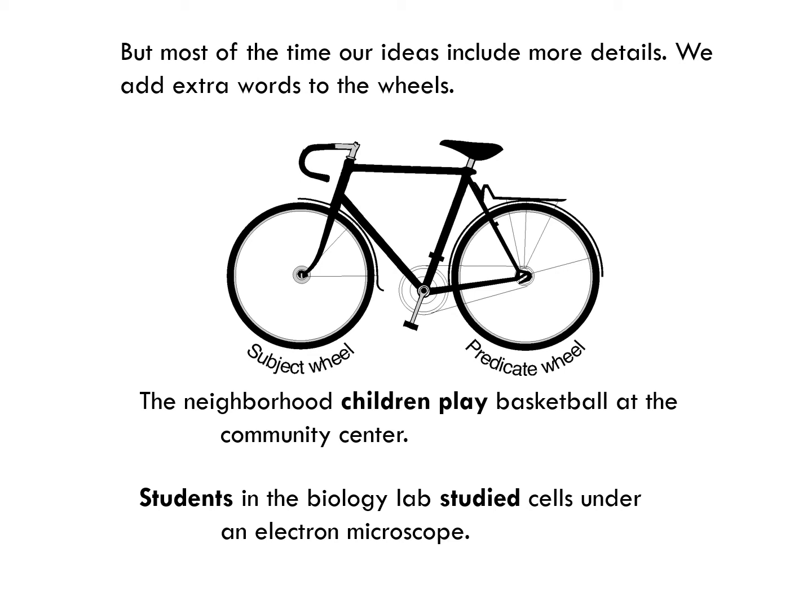So you're still having your subject, the neighborhood children or children, predicate, play basketball at the community center. Students, subject, in the biology lab studied cells under an electron microscope, predicate wheel.